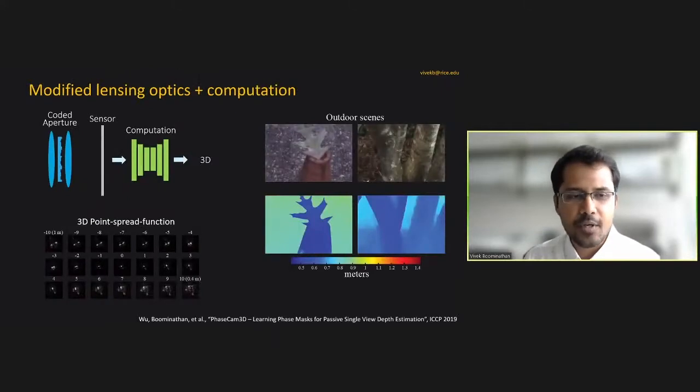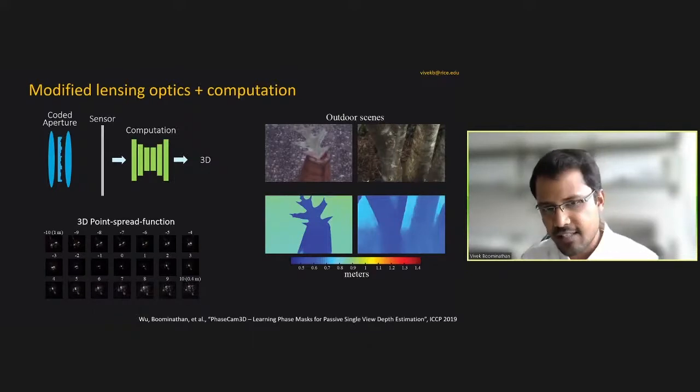Now, we have tried to solve many problems of the lenses using computational approach. Here is one example of modifying the lensing optics and adding computation so that we can reconstruct the depth image directly from a single capture. However, all of these approaches don't really get rid of the lens, but use the lens and capture an image that is still perceivable by humans. That means I can look at this image and say there's a leaf.